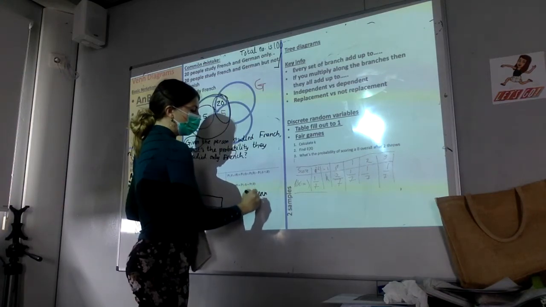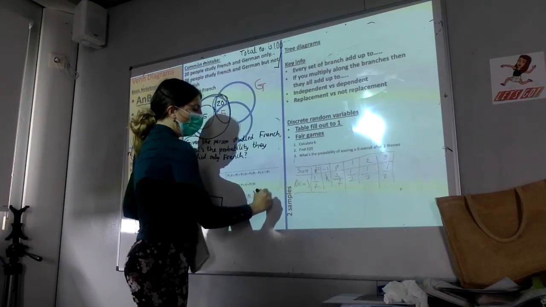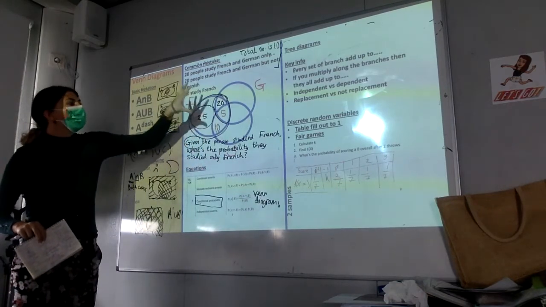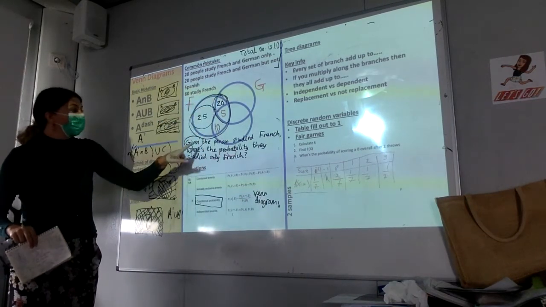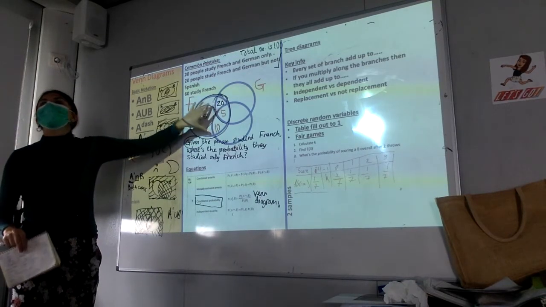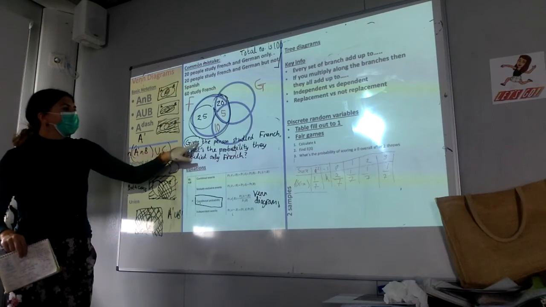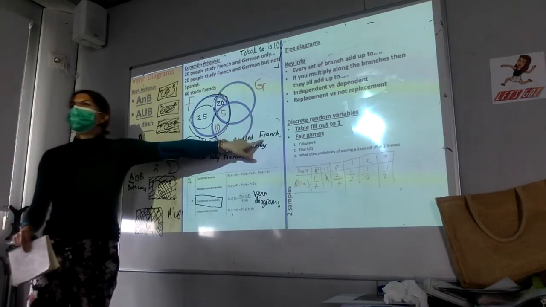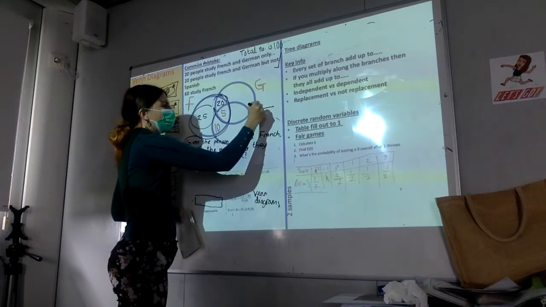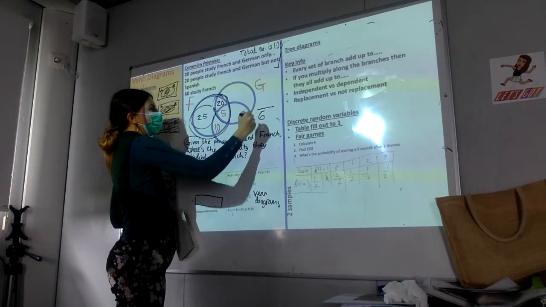All that given means is you just study this French circle. So if you were doing it without the formula, you'd say, given this person studies French, that is going to generate your denominator of the answer. That's going to be 65, is that correct? 60.